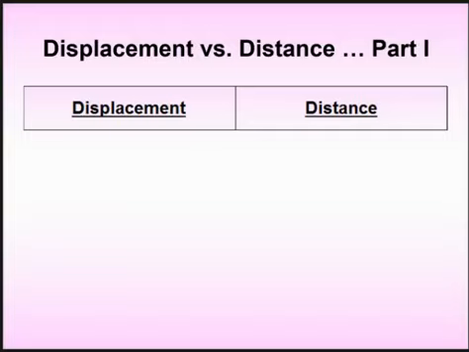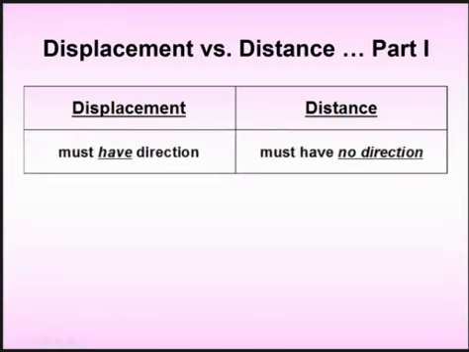Nice. So here are the three major differences between these two. Number one, displacement must have direction. Not could or may, must, which means if you don't give me a direction for displacement, you lose half a mark of your final answer statement. Not therefore statement, just a final answer statement.